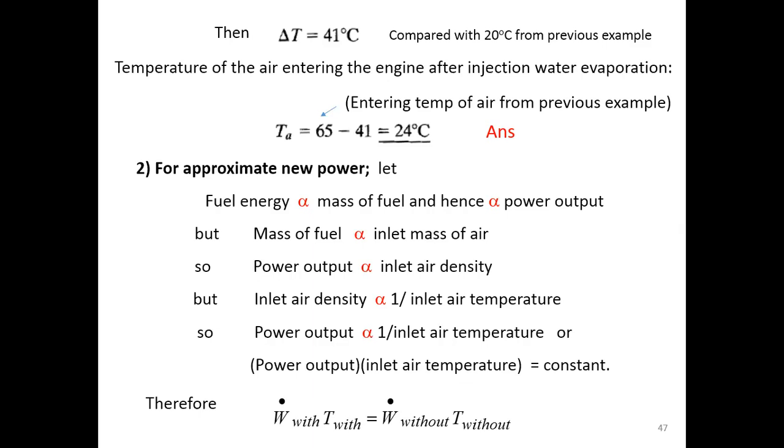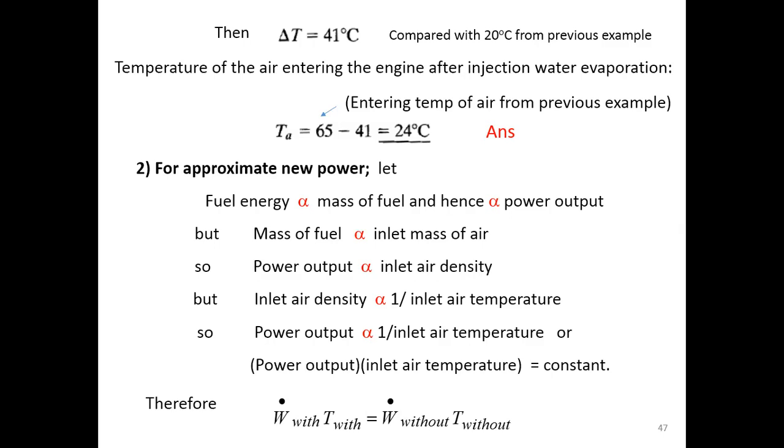To calculate the approximate new power, we have to go from one step to another step, keep going on, like the one I showed you here, right? You start first with, you know that the fuel energy varies with the amount of mass of the fuel, right? And that means it varies with the power output, right? Because fuel energy is the source of the power output, right? Fuel energy varies with the mass, and that means what?